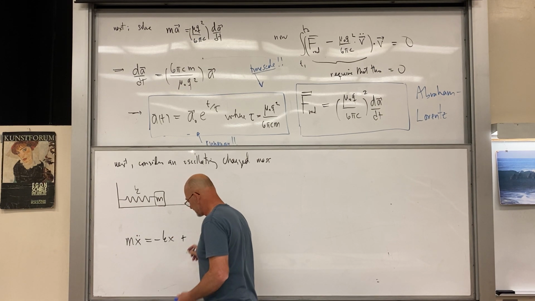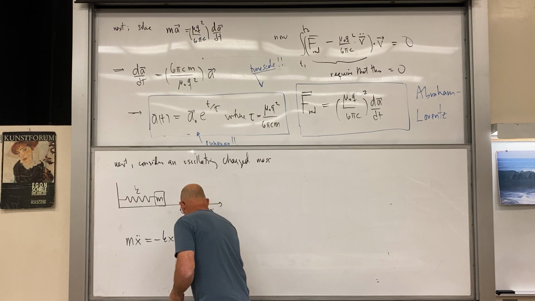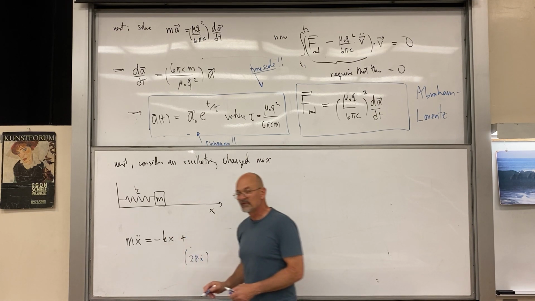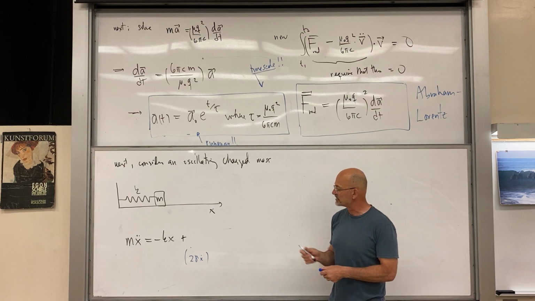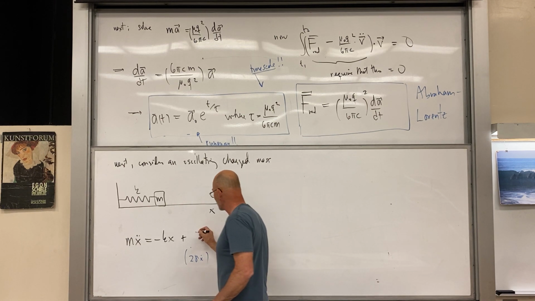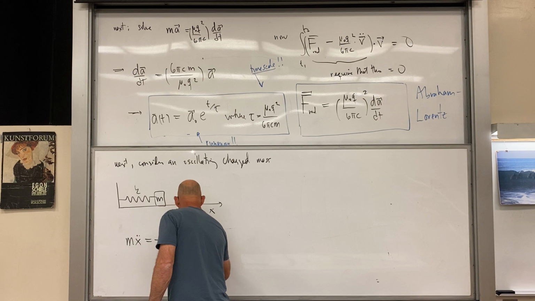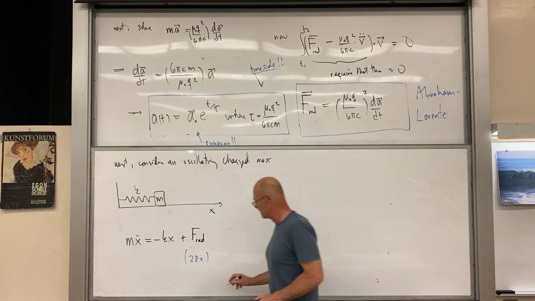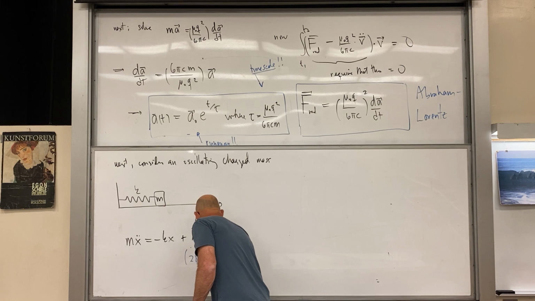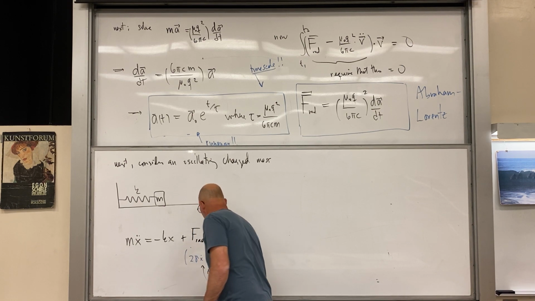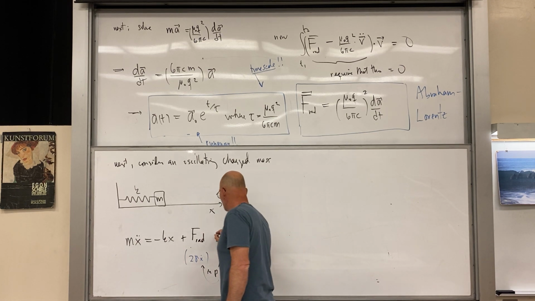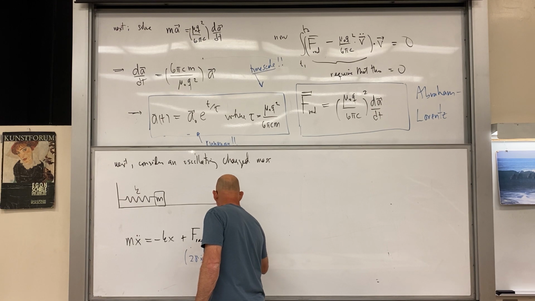Instead of our 2 gamma x dot, which is how we just treat the damped oscillator, we're going to put our radiation damping force in place of this thing here. So this is not that. And then plus a driving force.